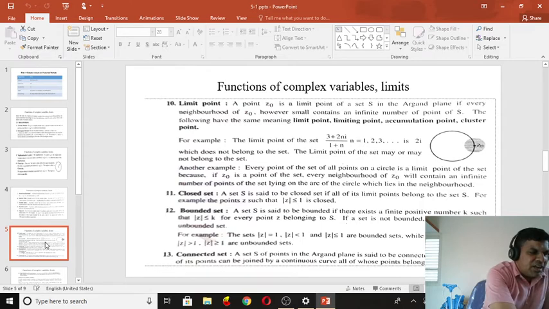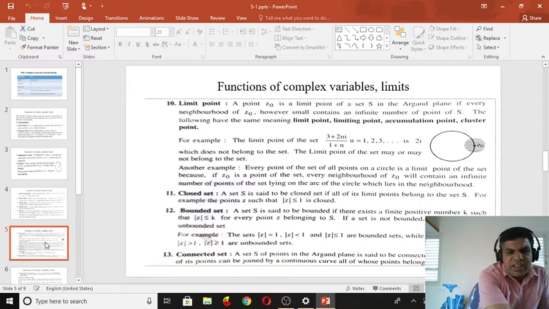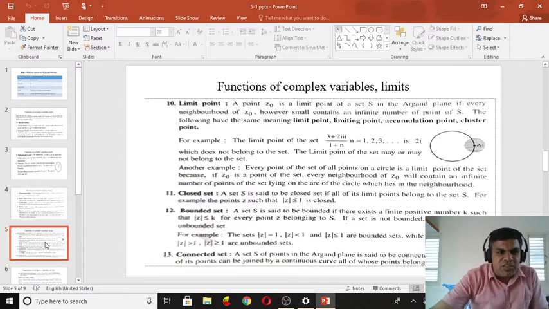Suppose you take points Z1 and Z2; it should be a connected set. The complex plane, the Argand plane, is connected. If you take two points, you can join them by a curve. Suppose you take the unit circle and take Z1 and Z2, joined by a curve; that is called a connected set.